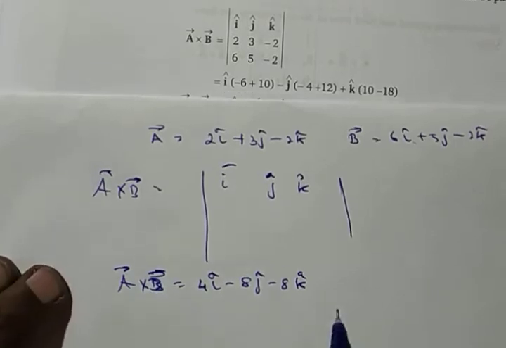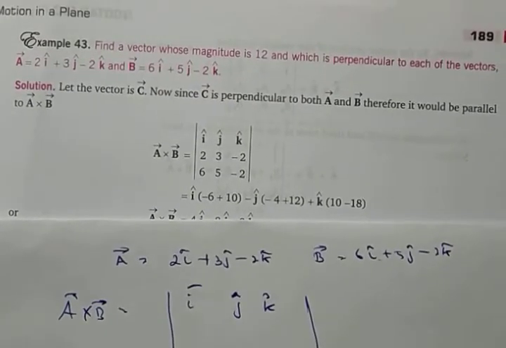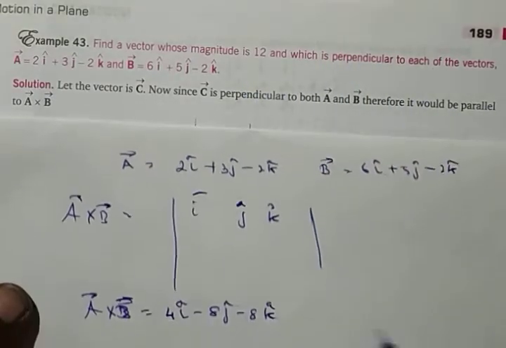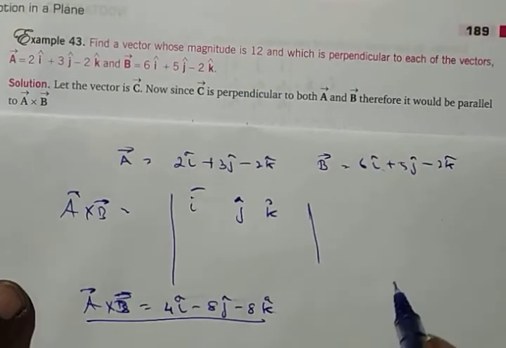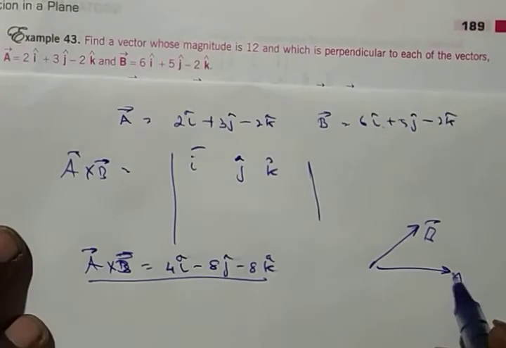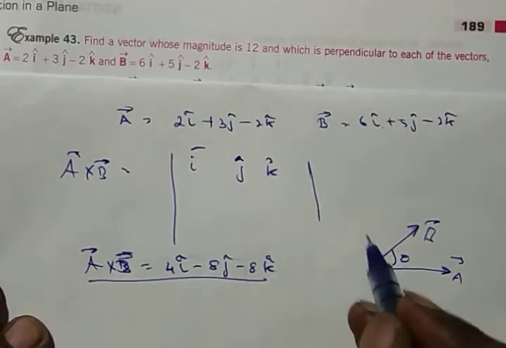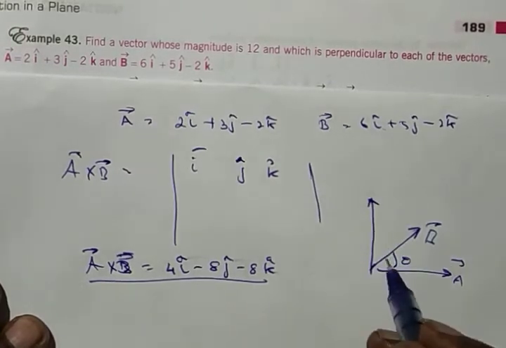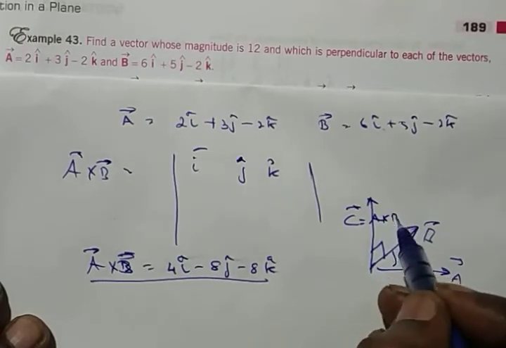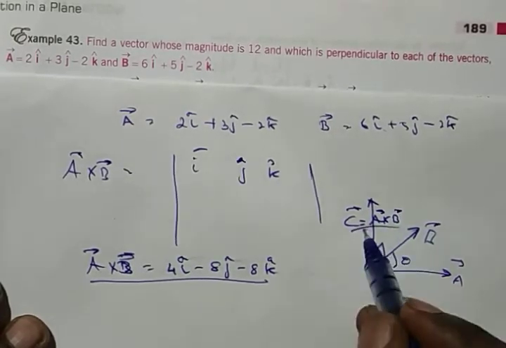Now what they have asked is to find the vector whose magnitude is 12 and which is perpendicular to each other. So why do we find this one? Because this is B vector, this is A vector, and this is theta. Only a cross product will make it a perpendicular vector. So we have found a cross product just here.